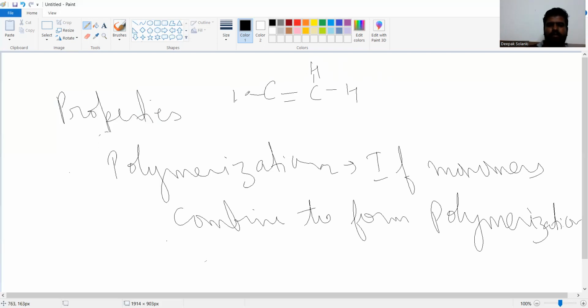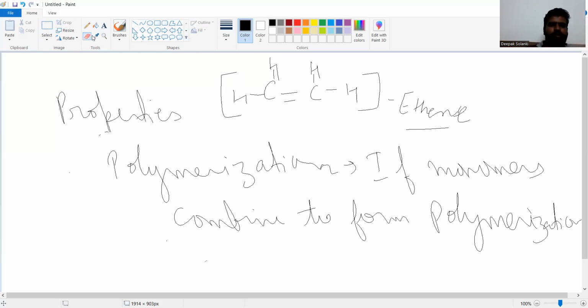This is one monomer, and the chain of this monomer will form polymers, and the process is known as polymerization. Two carbons are present and the double bond is present. That is known as ethene.